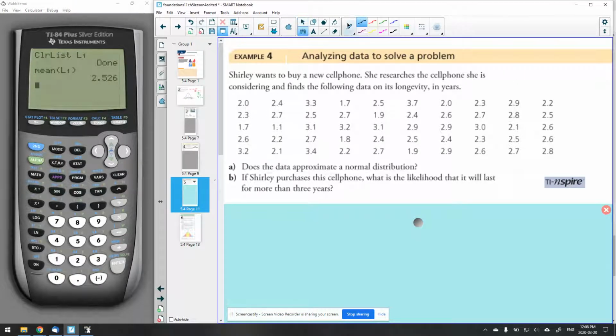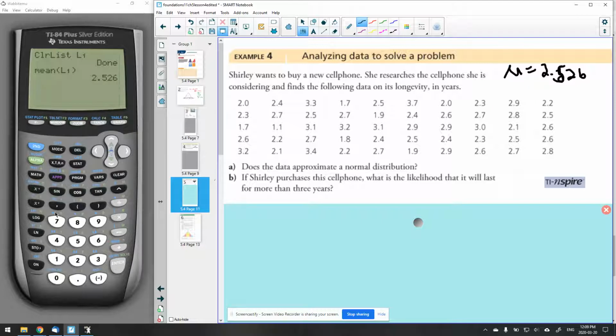So let's record that. Mu equals 2.526. This is a 5, really it is. All right, now we're going to find the median just to see if it's close to our mean.